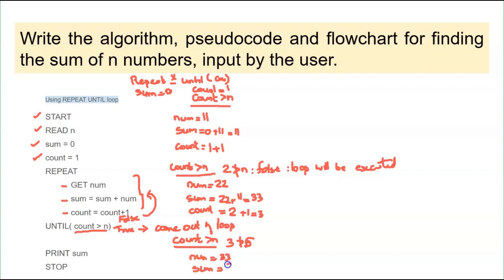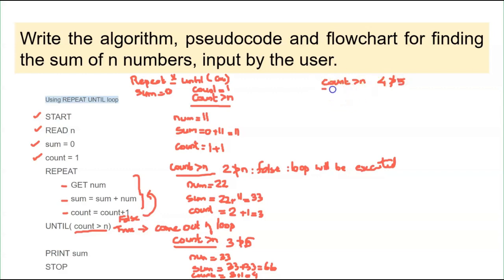Sum is equal to previous sum plus the new number, which is equal to 66, and we'll increment the value of count, 3 plus 1, which is equal to 4. Now again it will check whether count is greater than n. Now 4 is not greater than 5.